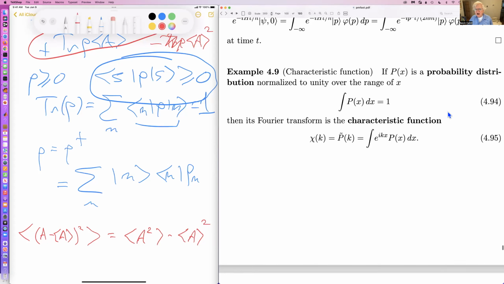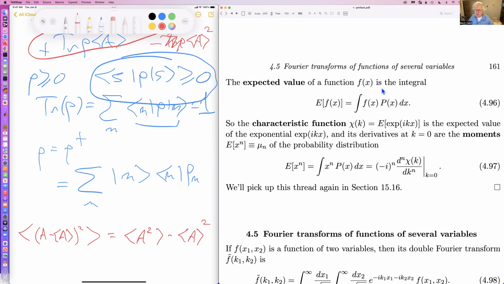There's something called the characteristic function. Suppose we have a probability distribution. Well, it's non-negative, you integrate it, you get unity. The characteristic function, by definition, is the Fourier transform of the probability distribution. I think I'm going to change expected to average. The average value of a function is its integral over the probability distribution.